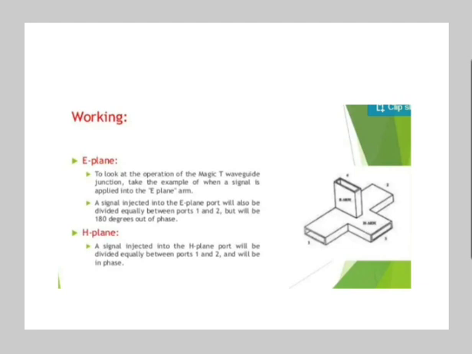There is no coupling in the hybrid tee because the E and H arms are cross polarized. The power coming from the H arm is equally divided in phase in the two side arms. Similarly, the power coming from the E arm is equally divided in the side arms but out of phase.